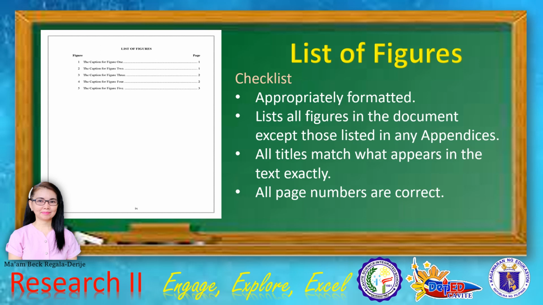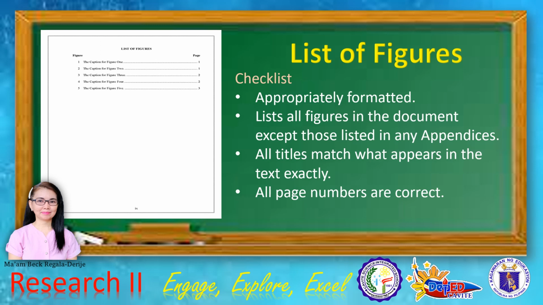So, the list of figures and list of tables are almost the same. They only differ in content, because one is figures and the other one is tables. Now, for the checklist of the list of figures: appropriately formatted. The list of figures lists all figures in the document except those listed in any appendices.